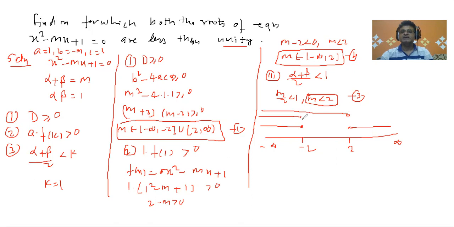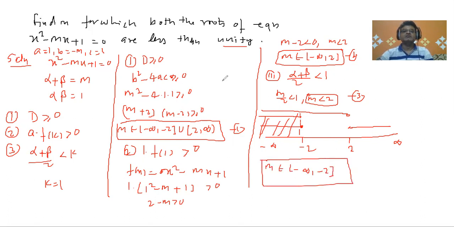So what we find is that the common solution satisfying all is: m is from minus infinity to minus 2. So this is the solution. This is the condition when both the roots are less than k. So that's all in this video. The rest we will discuss in the next video. Thank you.